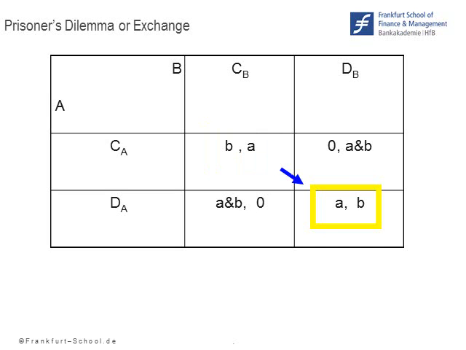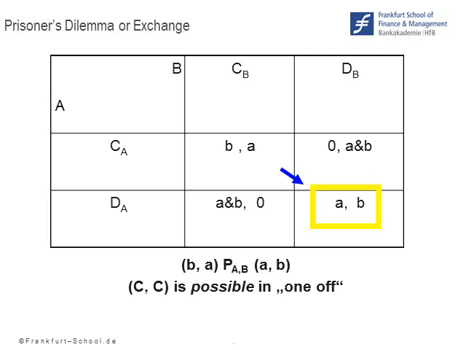So what we have here is both players prefer the exchange situation BA to the endowment or original situation AB. CC cooperation by both is possible in a one-off match, so both can be better off.